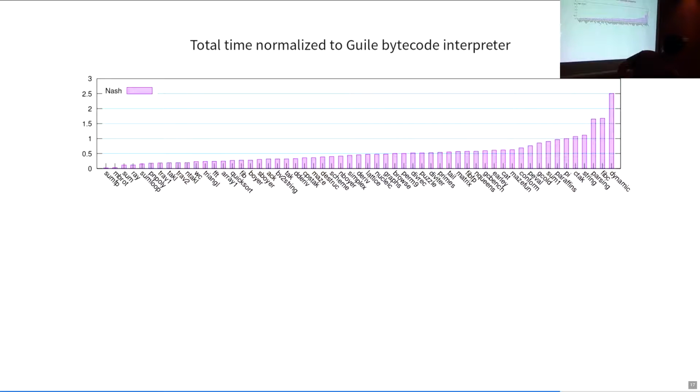Lower values are better, and values under 1 mean that Nash performed better than the Guile bytecode interpreter. And Nash ran 52 out of 57 programs faster than Guile's. So it means that 5 of the programs run slower than Guile's bytecode interpreter.